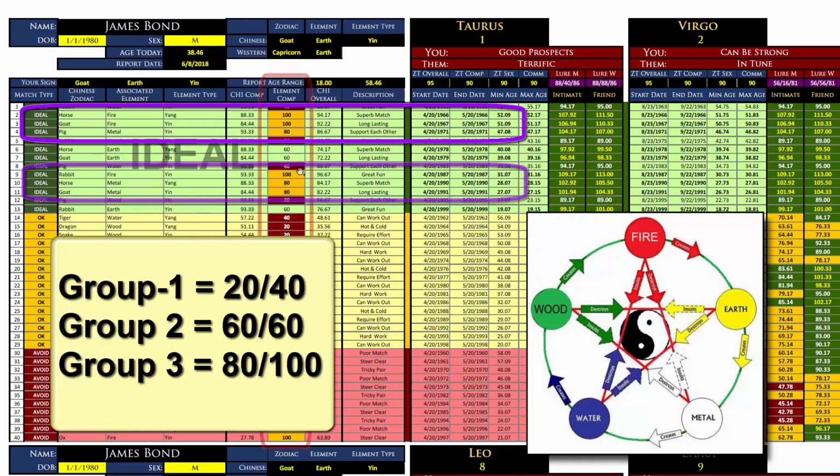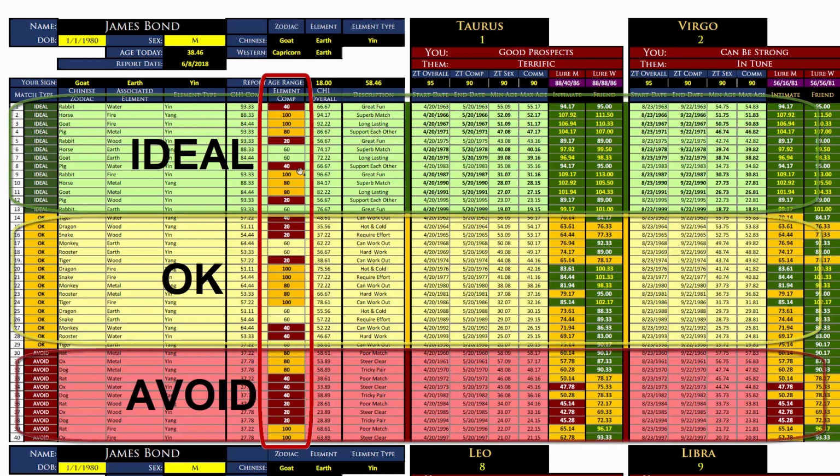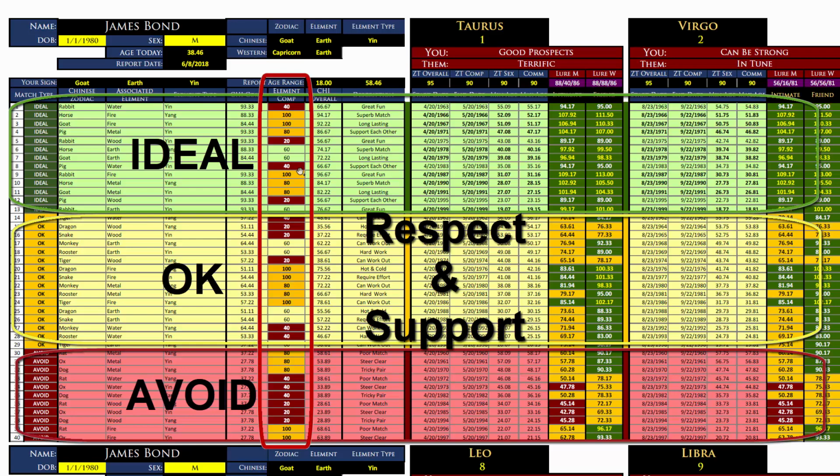And as you go down into each section, from the ideal to the okay and the avoid, you're going to see that this compatibility factor is there in the positive and negative areas in each of the 3 sections. So keep in mind that it doesn't matter what section you're in, the level of respect and support is going to vary from section to section, but that's what this column represents.